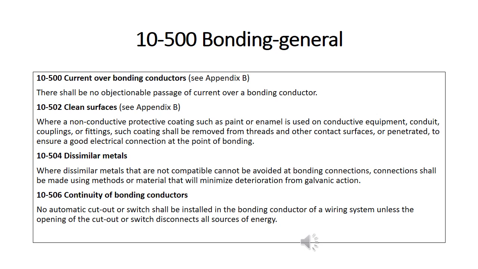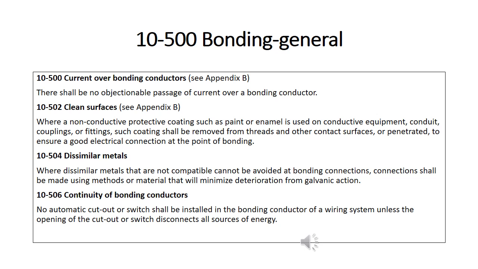Where dissimilar metals that are not compatible cannot be avoided at bonding connections, connections shall be made using a method or material that will minimize deterioration from galvanic reaction.